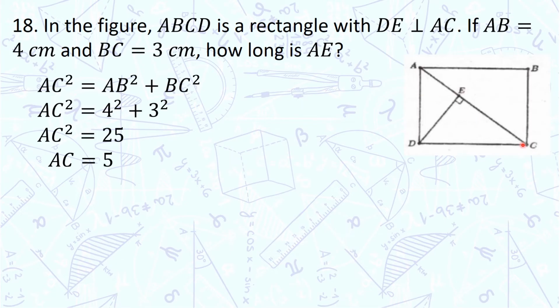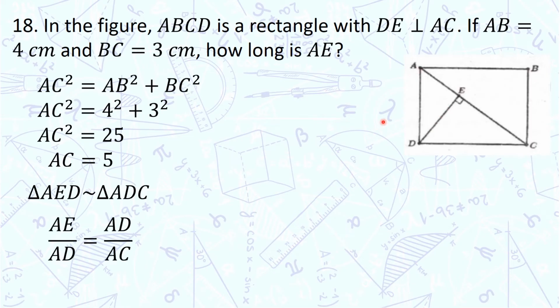Now we have triangle AED similar to triangle ADC, because ADC is a right triangle and then the altitude to the hypotenuse is drawn. So we have similarities in the right triangles formed. That's AED similar to triangle ADC. From this similarity, we can form the proportion AE over AD equals AD over AC.